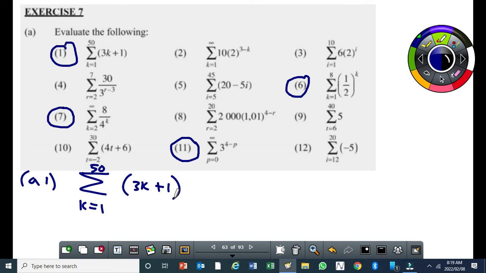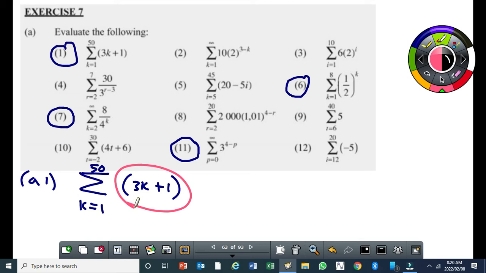Now, you need to know that if you are given the sigma notation like this, the expression here is the general term of the sequence which is related to that series. As you can see here, the k is not an exponent, therefore that's an arithmetic sequence. This is the general term of an arithmetic sequence. Therefore, we are dealing with an arithmetic series.